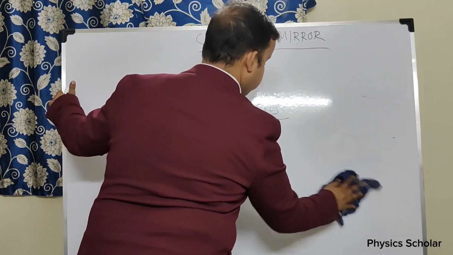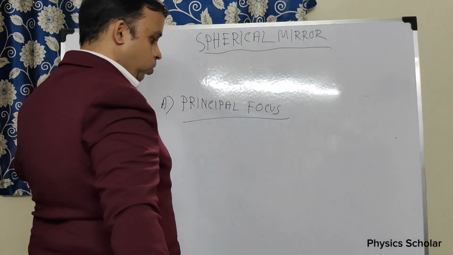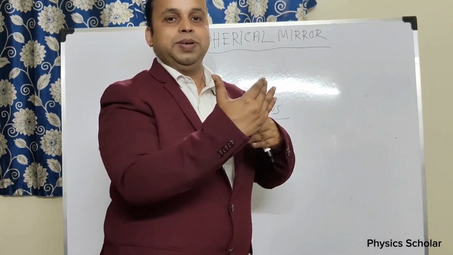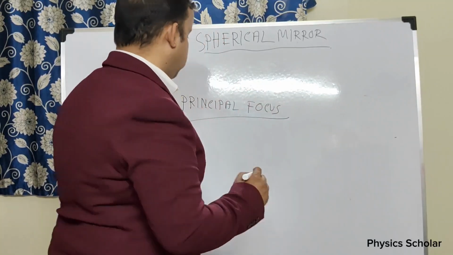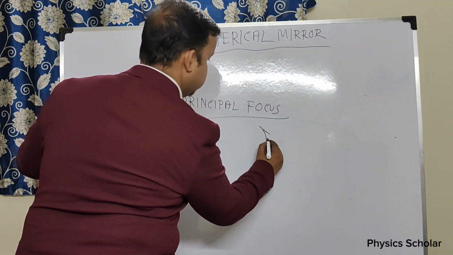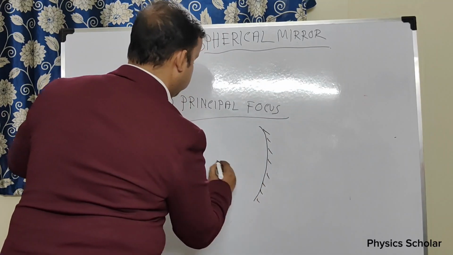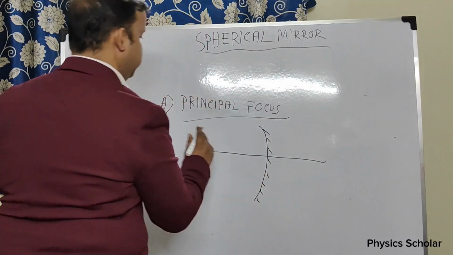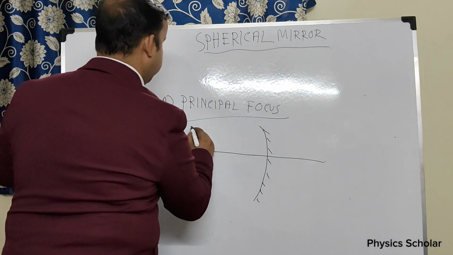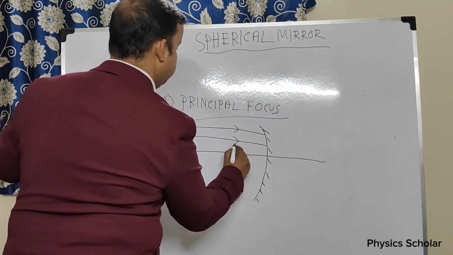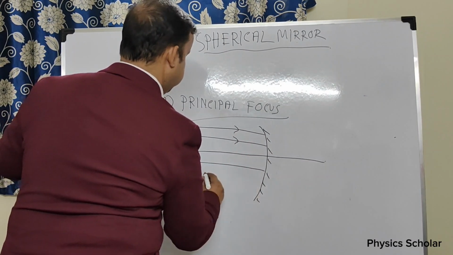For the two types of mirrors, two types of incidence will occur. Let us first discuss the concave mirror. Suppose this is the concave mirror and this is the principal axis. A parallel beam of light is incident.